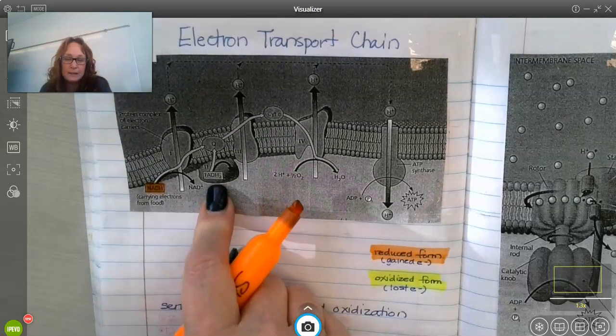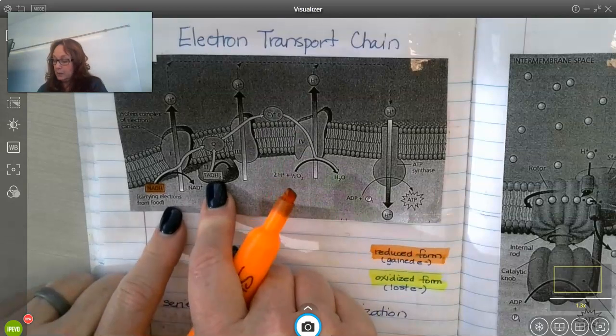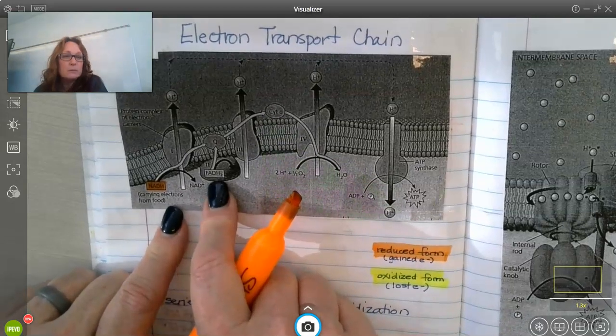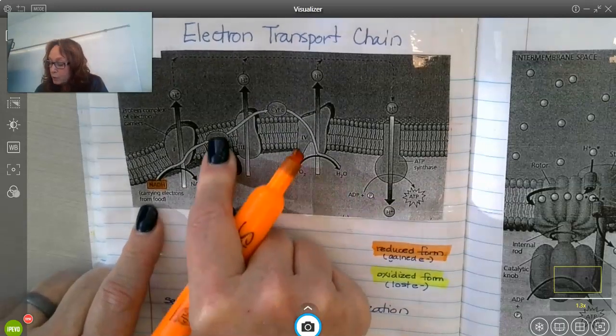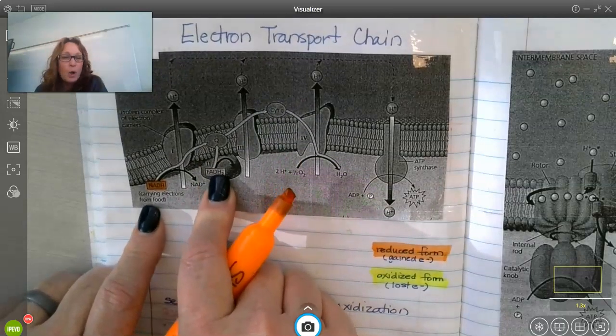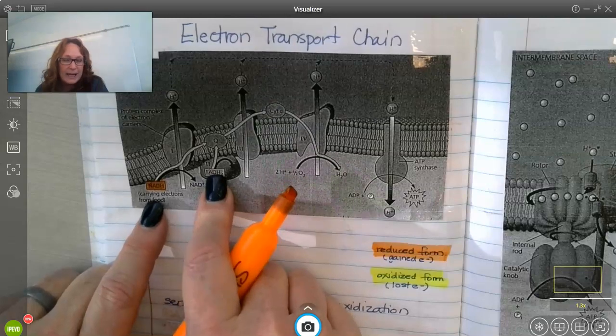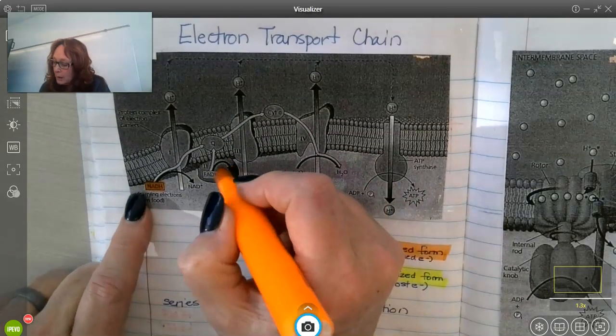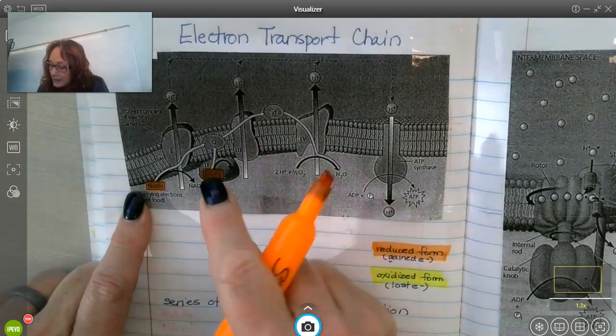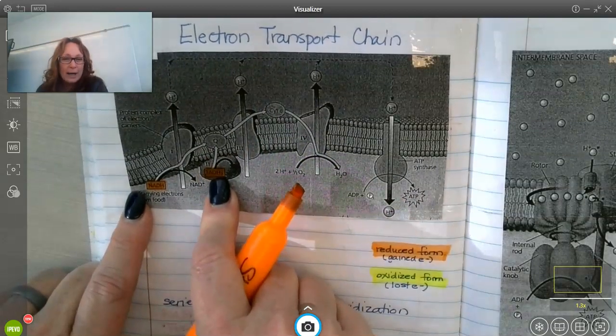We'll talk about this a little bit in class, just because it's higher level stuff and it's interesting to know. But there's a reason why the parking space for FADH is not the same parking space as NADH. So FADH2 has electrons as well, right?